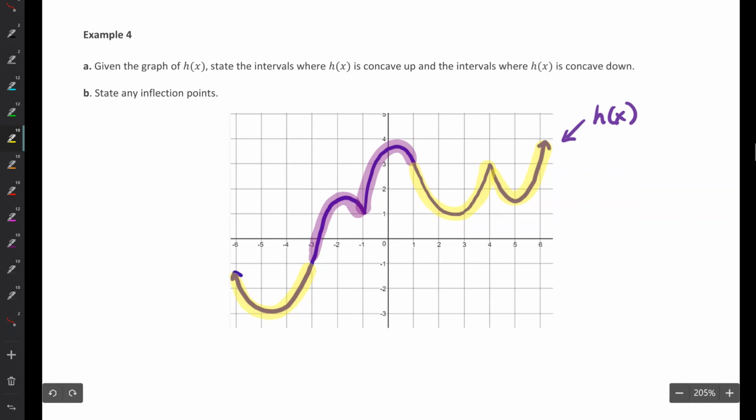Okay, so again, stating the intervals in the domain where we are concave up and concave down, I see for x values less than -3, the function is concave up, and then x values between 1 and 4 are concave up, and then 4 to infinity are concave up. I don't want to really say that you're concave up at 4.